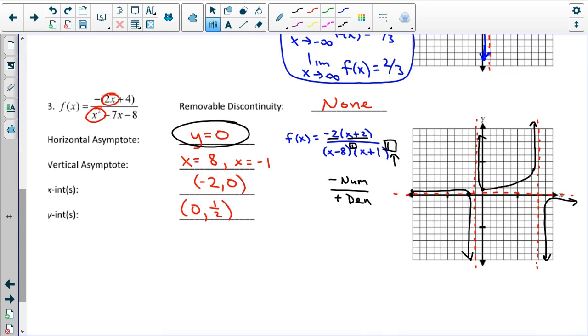That makes sense, because if I plug in large negative numbers, I get -2 times a large negative number, so a positive numerator. And then I have a negative large number times a negative large number in the denominator, which is a positive denominator. So as I approach negative infinity for x, I have a positive value even though it is approaching 0.